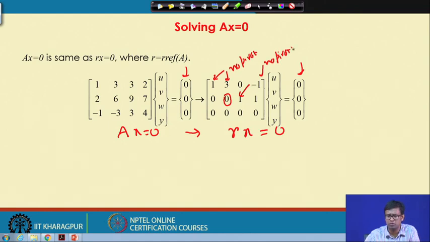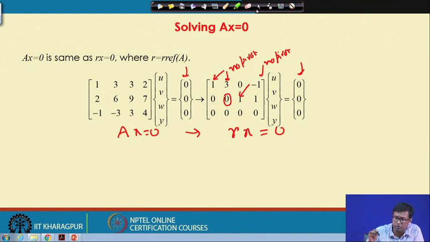The first row, first column term is one pivot. In the second row, the second column does not give me a pivot. The third column gives me a pivot, and the fourth column does not have any pivot. In the third row everything is 0. So, there is no third pivot, there are only 2 pivots.